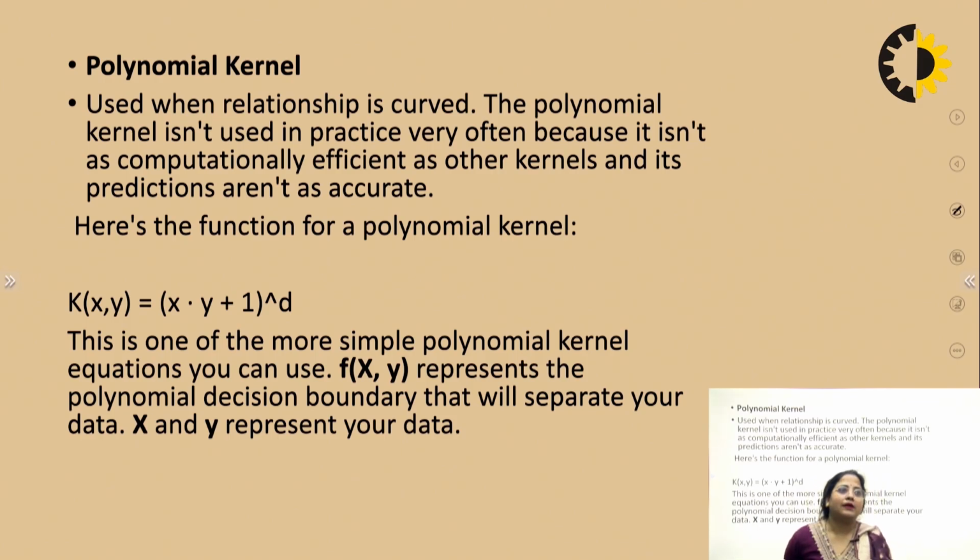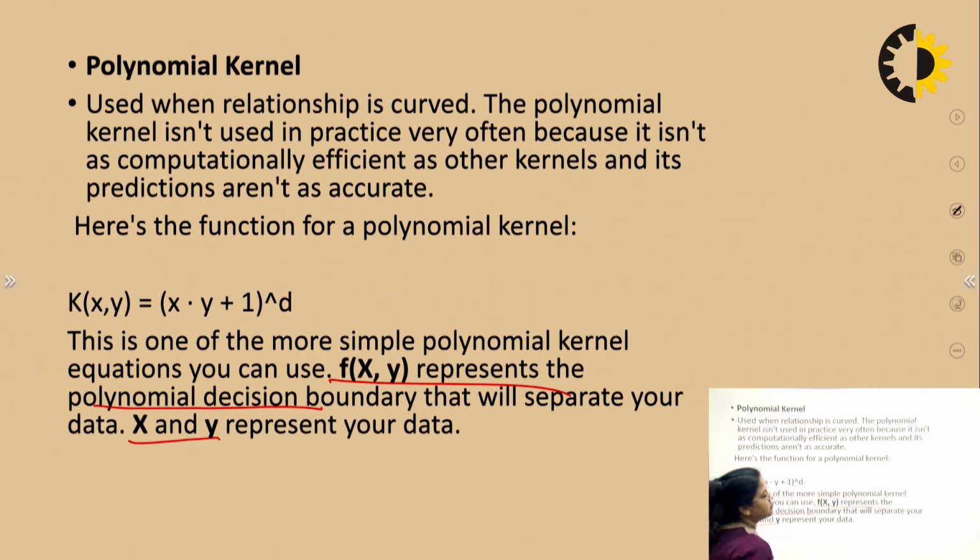The polynomial kernel is not practiced very often because it is not as computationally efficient as other kernels, and its predictions are not accurate. The function for the polynomial is this. Here the function of x, y represents the polynomial decision boundary that will separate the data, where x and y are your main data, meaning attribute data.